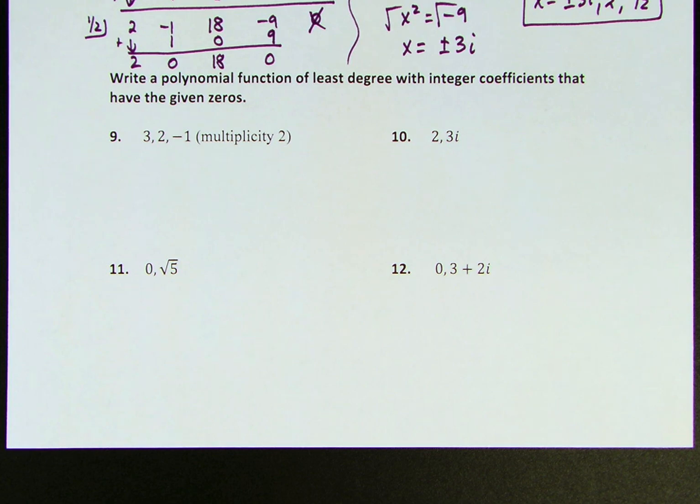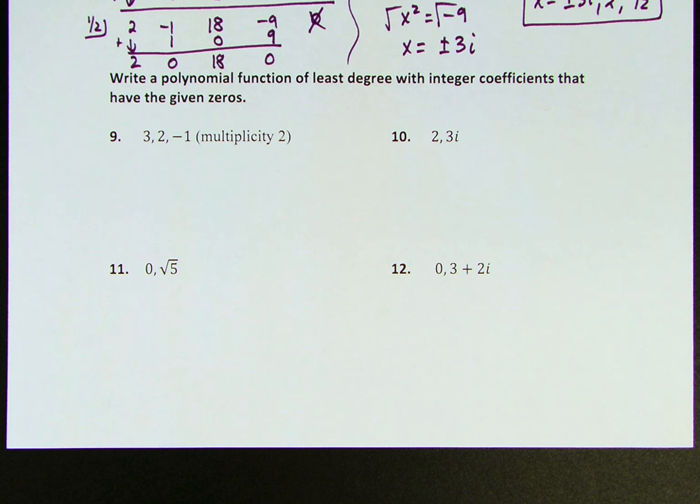Okay. And this is also where it's important to remember that our imaginary and irrational answers come in pairs, so a positive and a negative. And that if we have a multiplicity of something, that's how many times the answer is showing up. And with however many answers we start with, so if I start with 3, that means that when I'm done, my highest exponent should be a cubed if we were writing out in standard form.